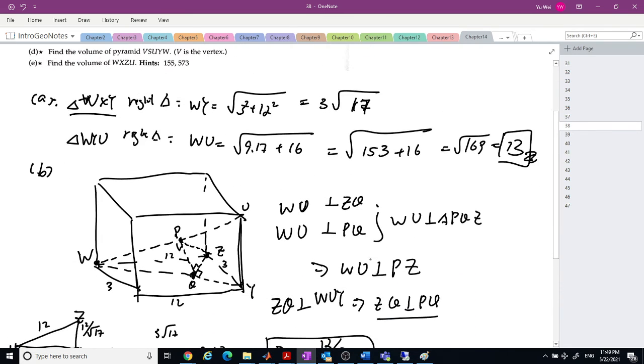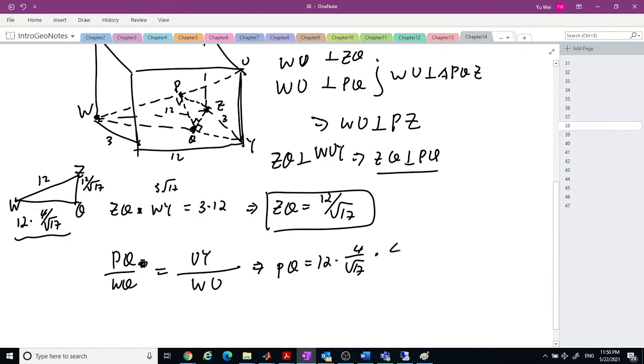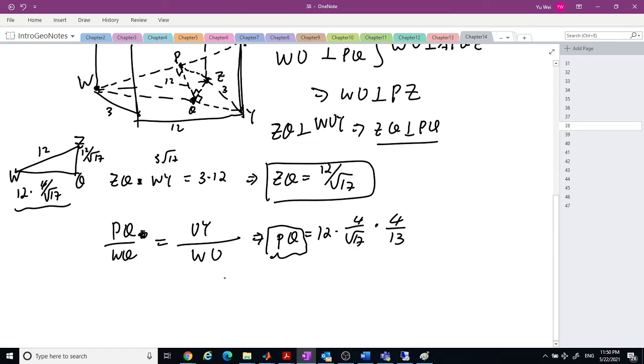UY is 4 over 13. Okay, so once we have PQ and ZQ, now we can solve PZ.